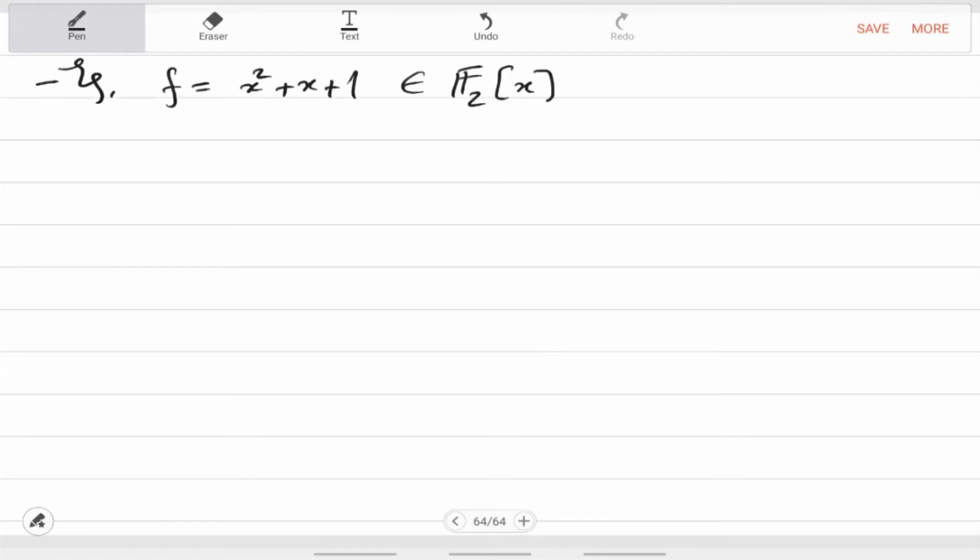How do you prove it? It would have a root, but both 0 and 1. Exactly. So there are only two roots possible, and both of them will give you 1. So this is an irreducible polynomial. So that gives you a simple quadratic extension over F_2.